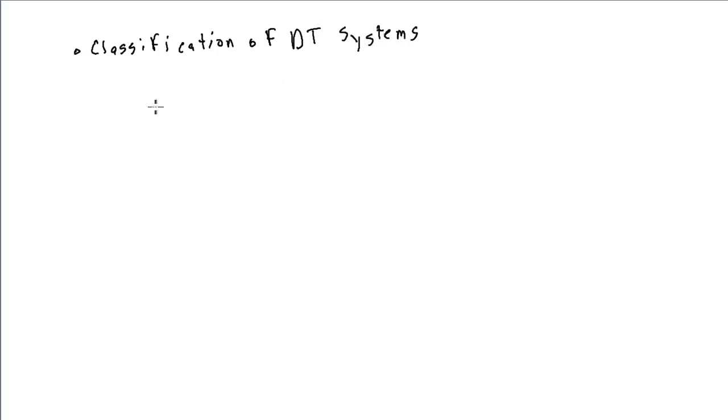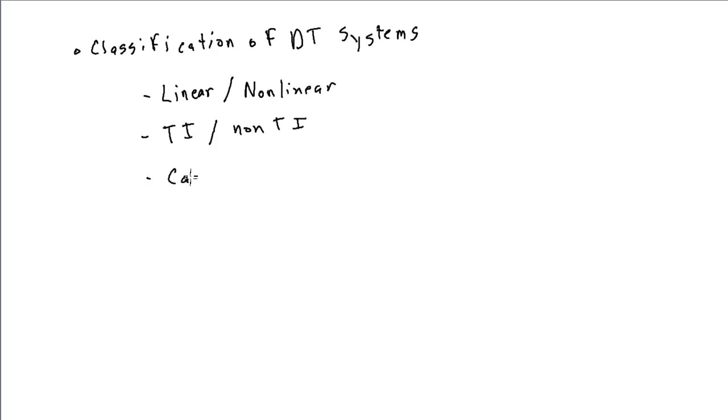Classification of discrete time systems. So a lot of the same classifications that we talked about with continuous time systems. We can have linear and nonlinear discrete time systems. We can have time invariant and non-time invariant systems.